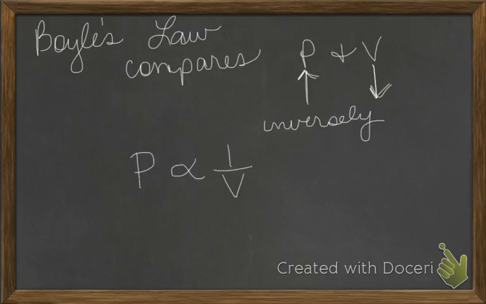A great example of Boyle's law would be pressure and volume. And if any of y'all scuba dive, if you've ever been scuba diving, the deeper you go into the ocean, there's more pressure on the body of the scuba diver. And what that makes happen is the gas that is dissolved in their blood, the increase in pressure makes the volume of that gas much smaller.